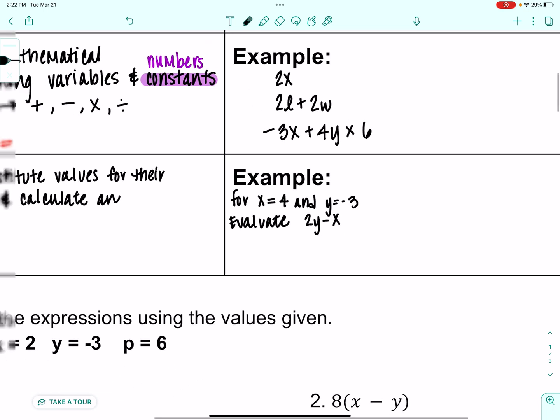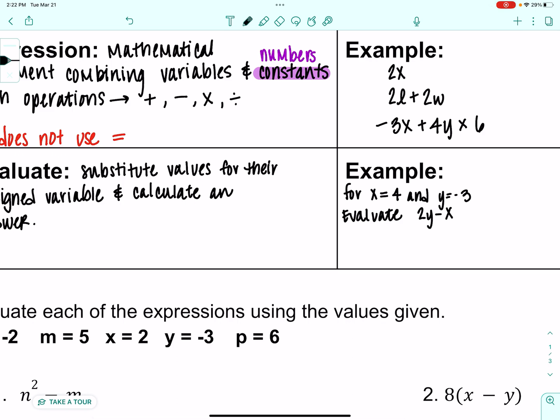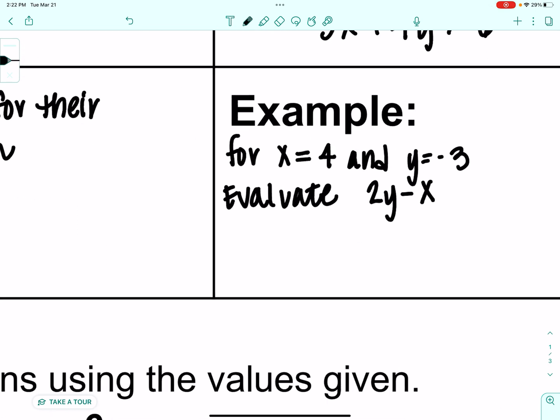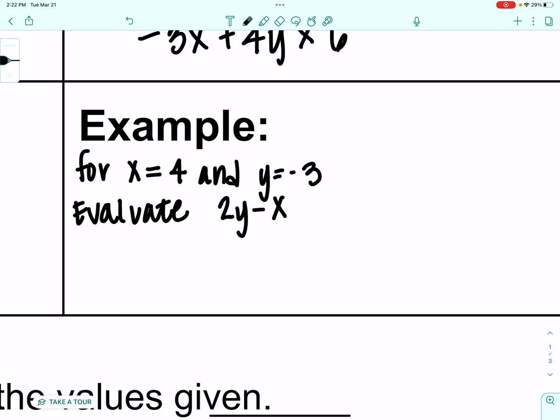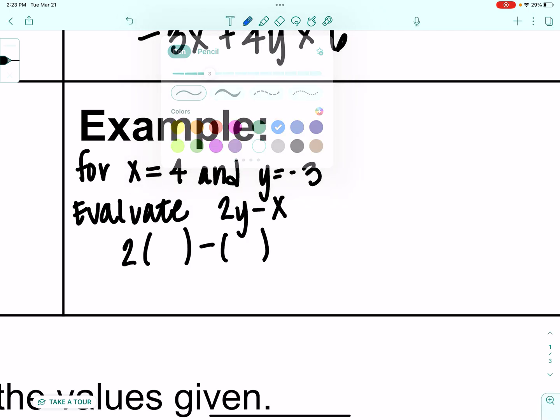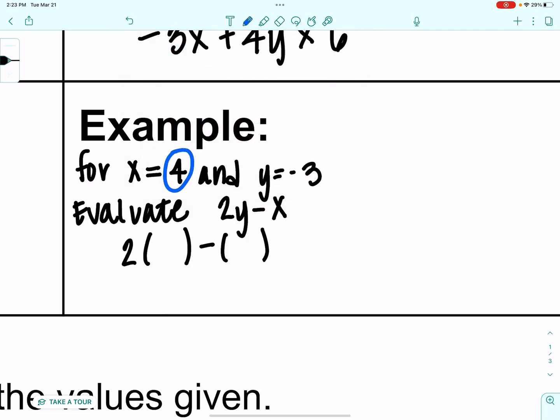So I told you before, we're going to substitute values for their assigned variable. So I'm going to start by rewriting the problem, but I'm going to leave a hole where my y goes, and a hole where my x goes. And for the x, I'm going to substitute a 4.